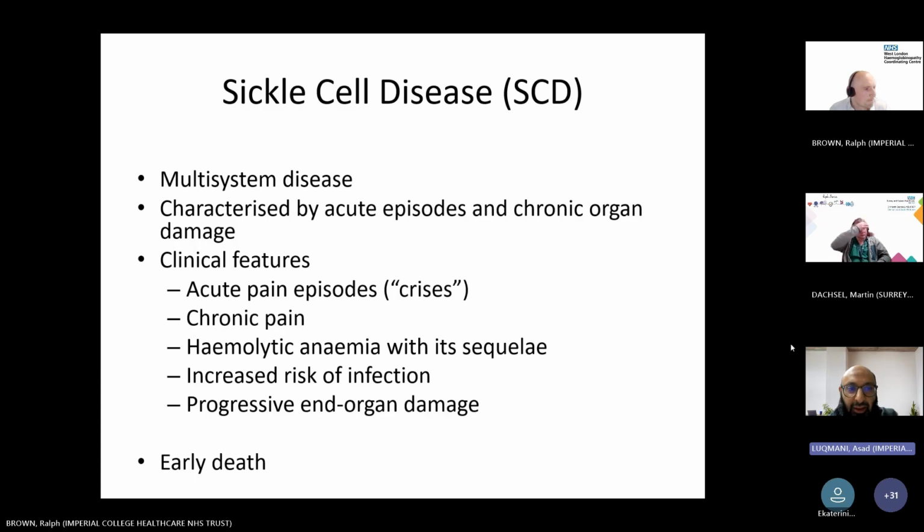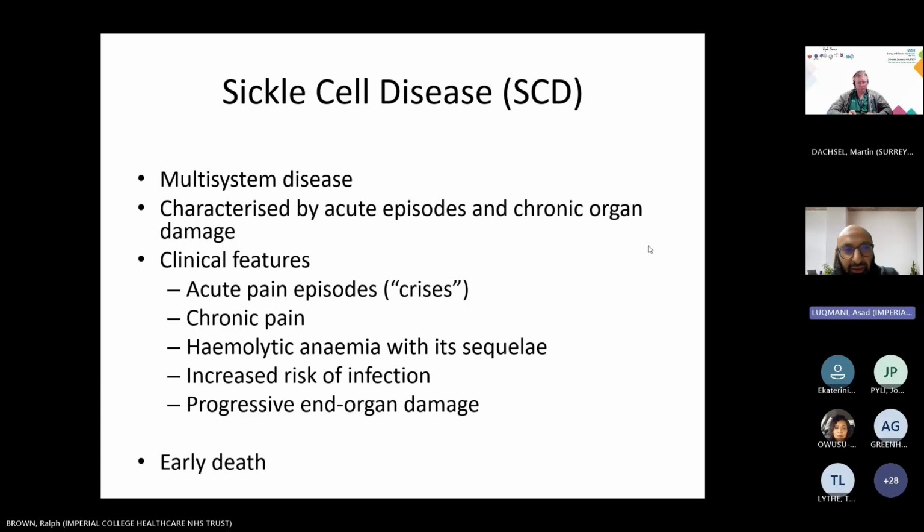There's also a significantly increased risk of infection, partly due to hyposplenism and progressive end organ damage. And despite better management and better treatments, sickle cell disease is still invariably associated with premature death compared to the average population.